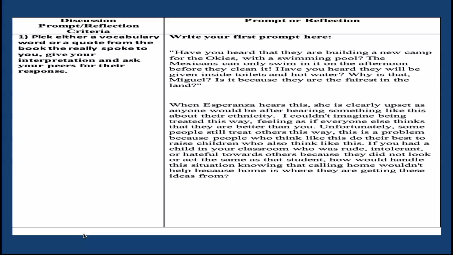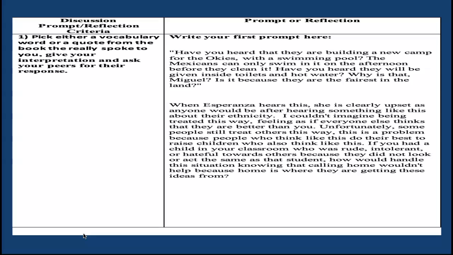So here's an example. We have a student who picked a quote from a book, Esperanza Rising, all about a Mexican girl who immigrated to the United States at the turn of the century with her family.